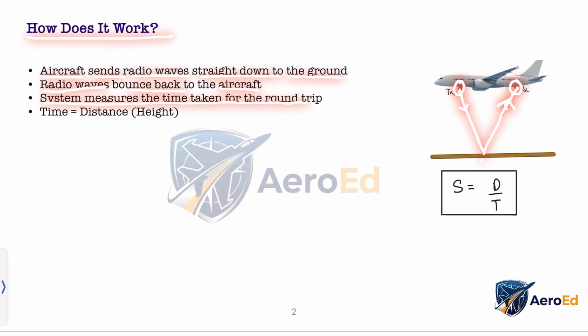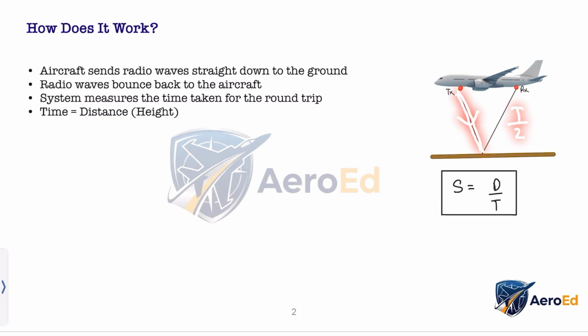As the radio signals are sent to the ground and go back to the aircraft, the time it takes is measured by the system. Basically, the system calculates the time taken by the radio wave to reach the ground and also bounce back from the ground to the aircraft. If we divide the time by 2, we get the time taken by the radio wave to reach the ground, right?